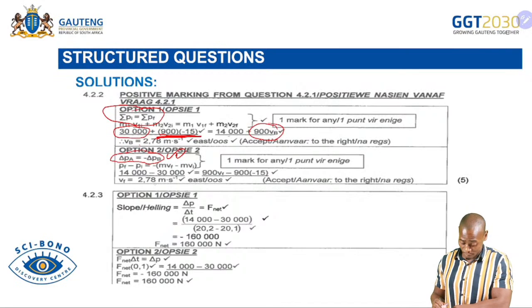Even the change in momentum is equal. Even the impulse is also equal, but in opposite directions. So here they've used the application of Newton's third law. That is very important. We can also use that, learners.